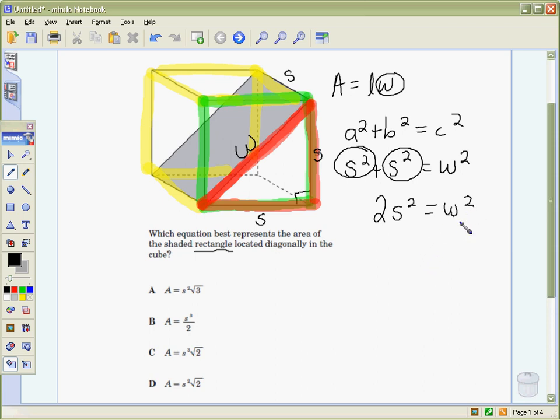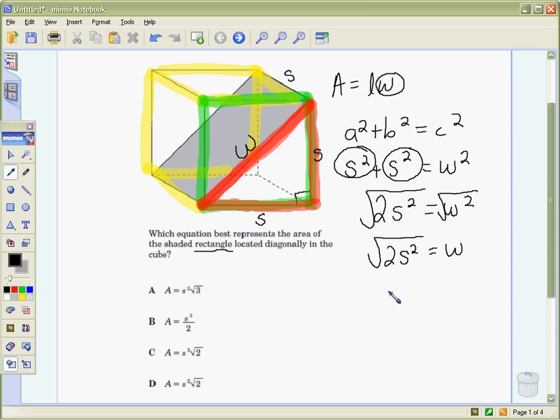Still solving for w, so I take the square root and I get w is equal to the square root of 2s squared. Almost have my width completely simplified. Since I have an s squared underneath this radical, these are inverse functions of each other, the square root and the s being squared.